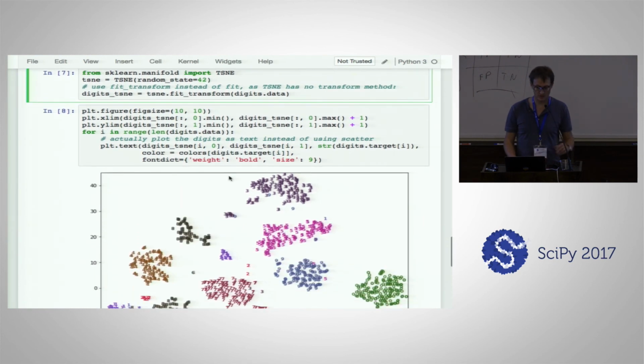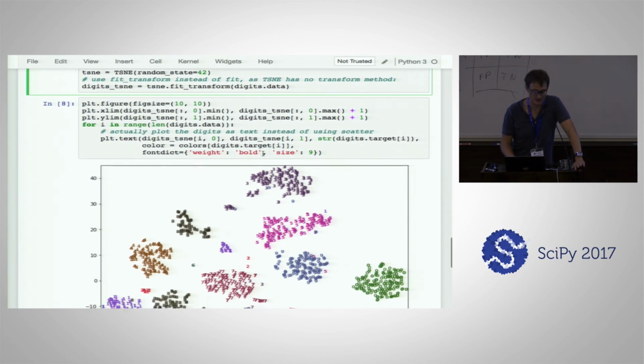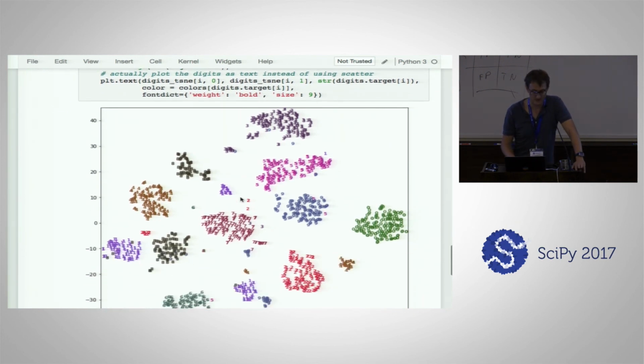But if you do it with t-SNE, which is a fancy nonlinear dimensionality reduction method, that in the next release will be even better than the implementation you have now, which is slow and will not scale, but hopefully this is fixed, at least in a PR about to be merged, you see that t-SNE can isolate the digits completely in an unsupervised way. Of course, we picked the values of the parameters that make the picture nice. It's still an unsupervised problem, so there is a parameter somewhere, and in practice you need to find a good reason why you pick this value.